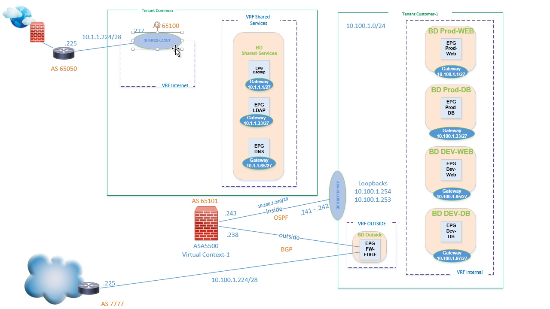We have our shared layer 3 out. We have our bridge domains. We have our EPGs within our bridge domains. For shared services, we have our default gateways defined on the EPG itself. And in the tenant customer 1, we have the default gateways defined on the actual bridge domain.